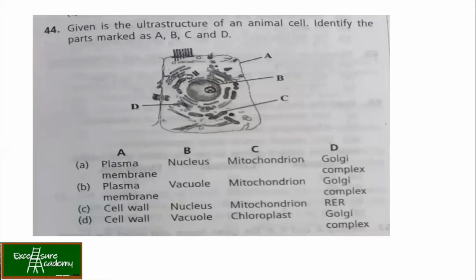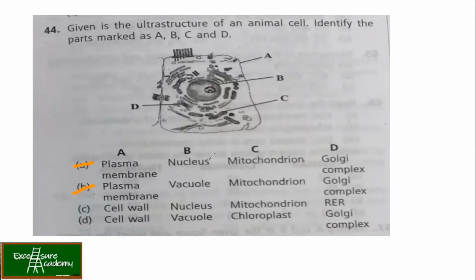Now, in the structure here, we need to identify the labeled parts A, B, C, and D. The structure given is for the animal cell. So A is your plasma membrane. We see that two options have A as plasma membrane, so it can be either this or this. Let's see what B is.